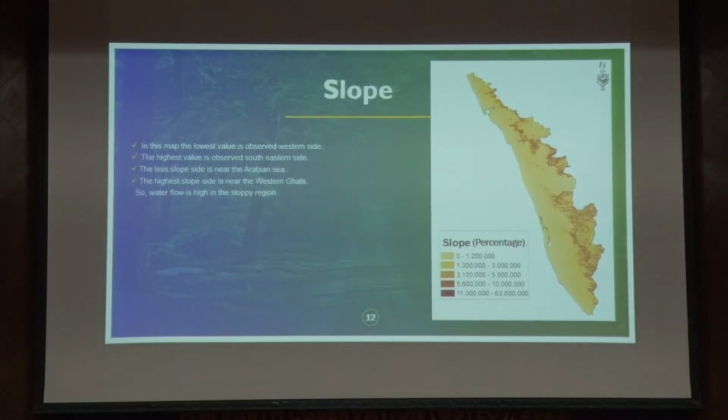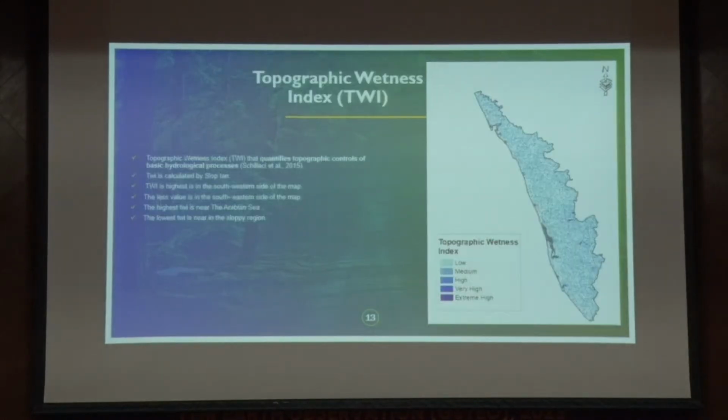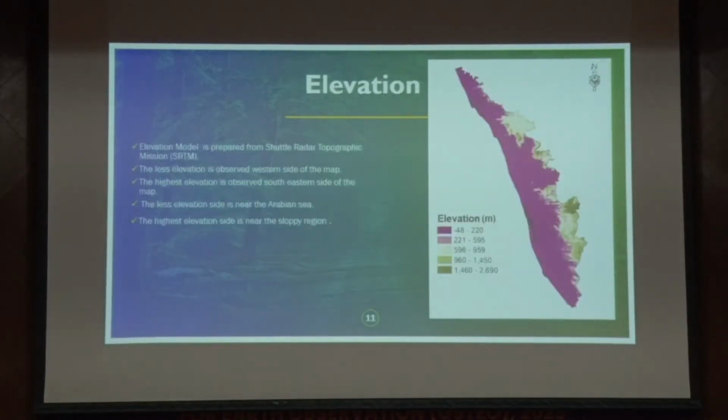This is the slope map in percentage. This is the topographic wetness index. Elevation. Is it minus 48?